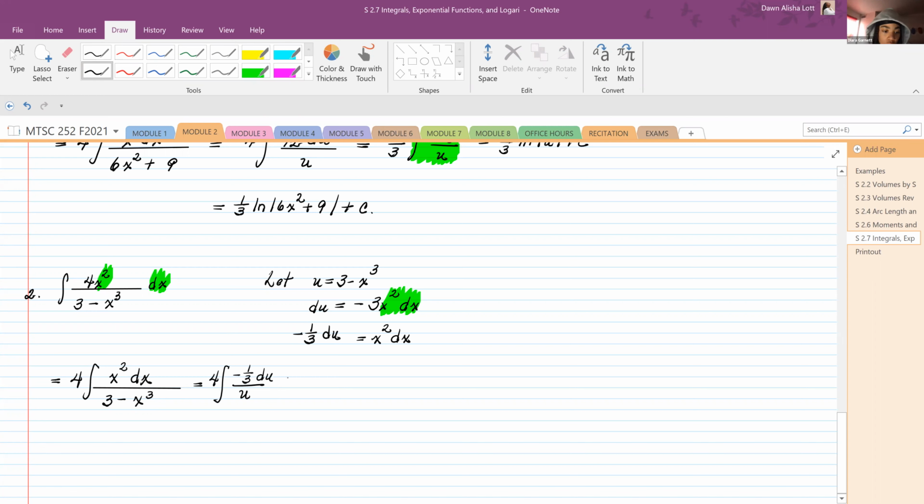Then you take out the negative 1/3, which will then just give you negative 4/3 natural log of the absolute value of 3 minus x cubed plus c.